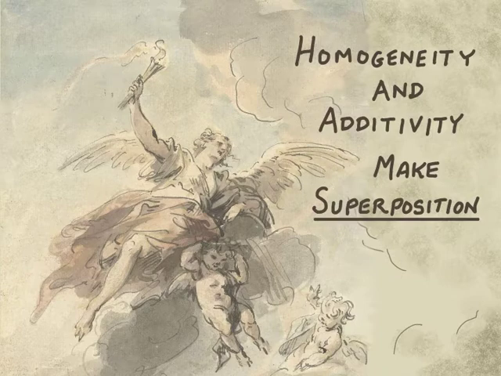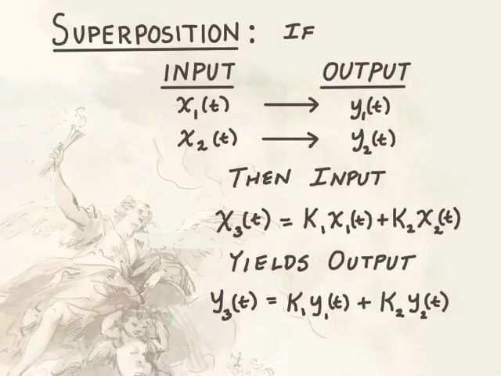These properties of linear systems are so important that we've invented a term that stands for both of them together. So homogeneity and additivity make up the property called superposition. So if a system obeys superposition, it has homogeneity and additivity. Here is the mathematical definition of superposition.